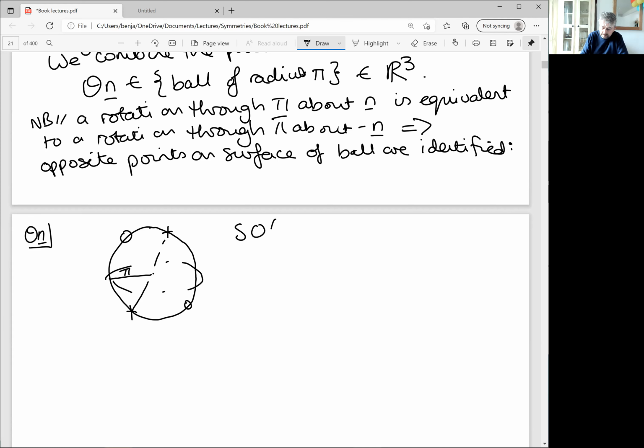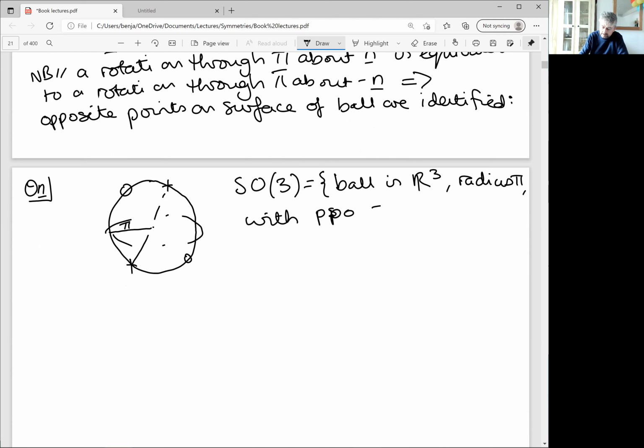So to summarize, SO3, the manifold, is a ball in R cubed, radius pi, with antipodal points identified.